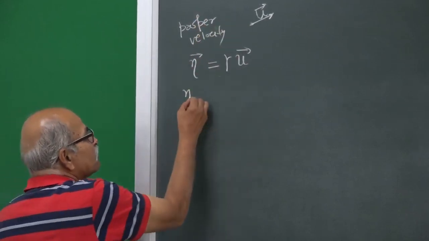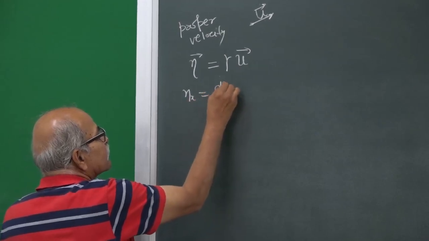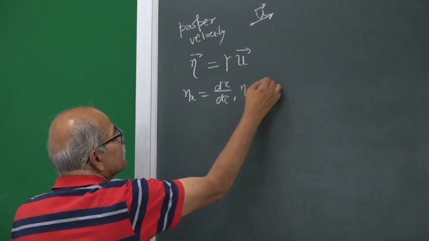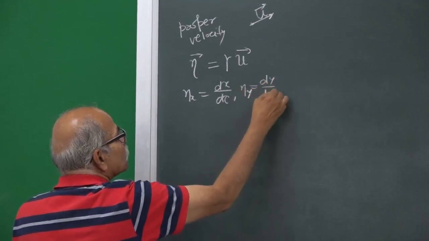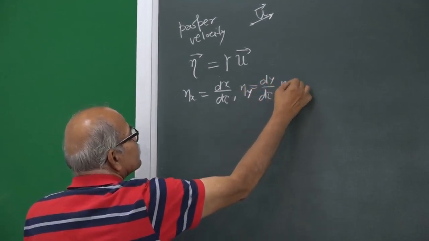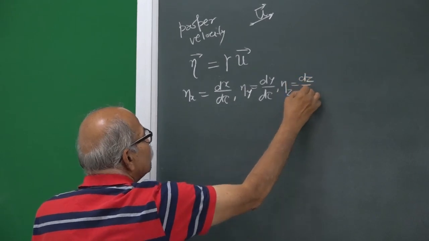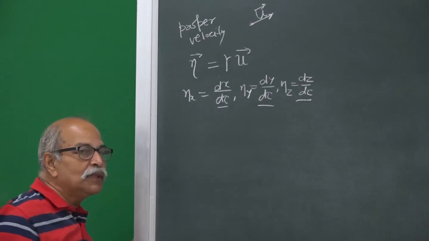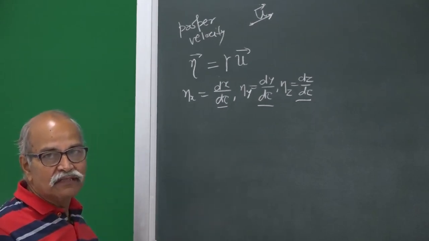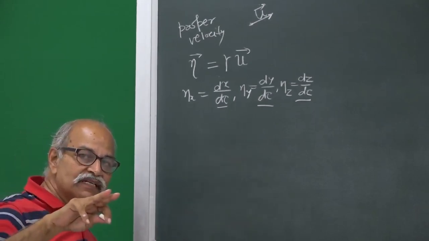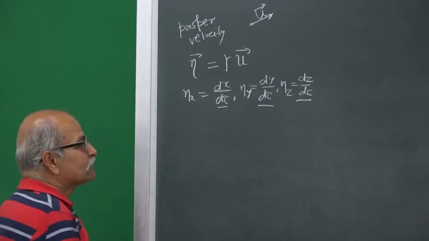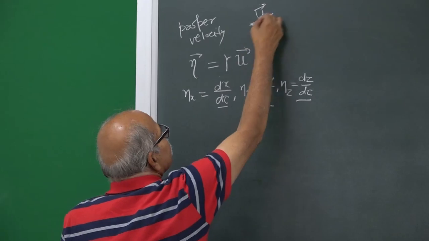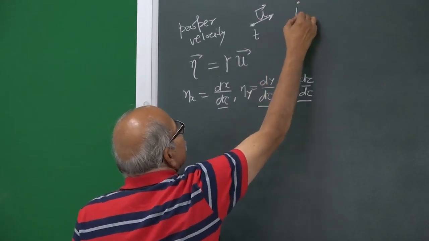And you remember we defined eta x as dx d tau, then eta y as dy d tau, and eta z as dz d tau. And what was this d tau? This d tau was the proper time interval between two events, and the events were the particle is here at time t and then the particle goes somewhere else at time t plus dt.